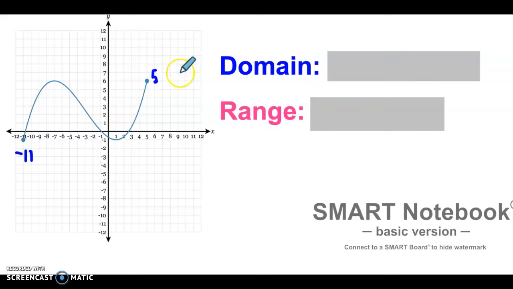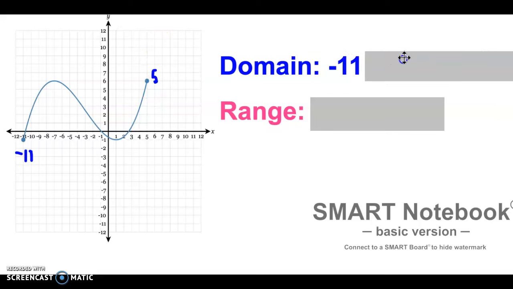Now we kind of have to think back to inequalities because we're going to write the domain in set notation as an inequality. So, do you see how we have filled in dots here? Remember, that means that -11 and 5, our smallest x value and our biggest x value, are both part of the solution set.